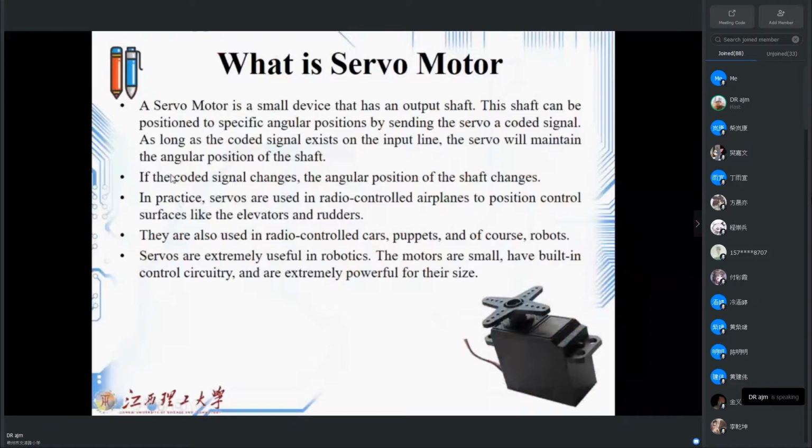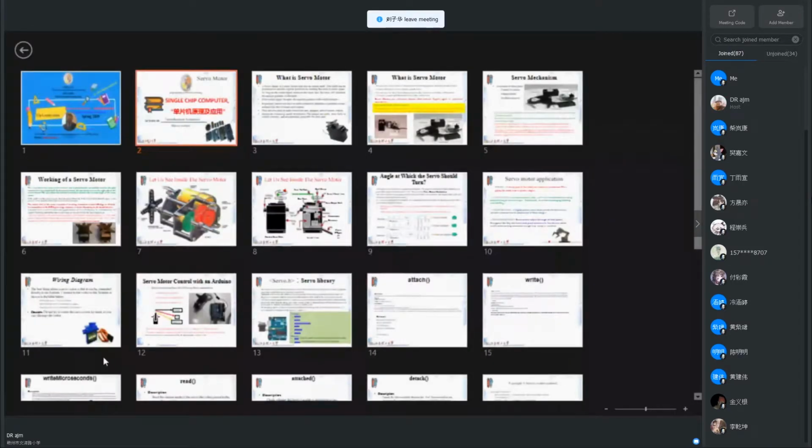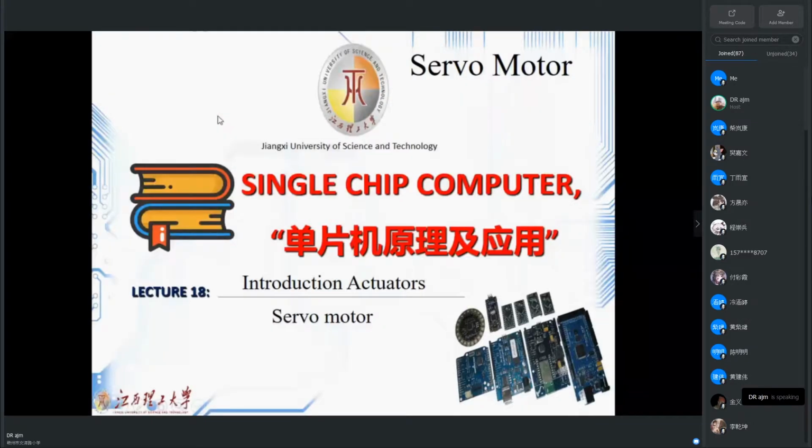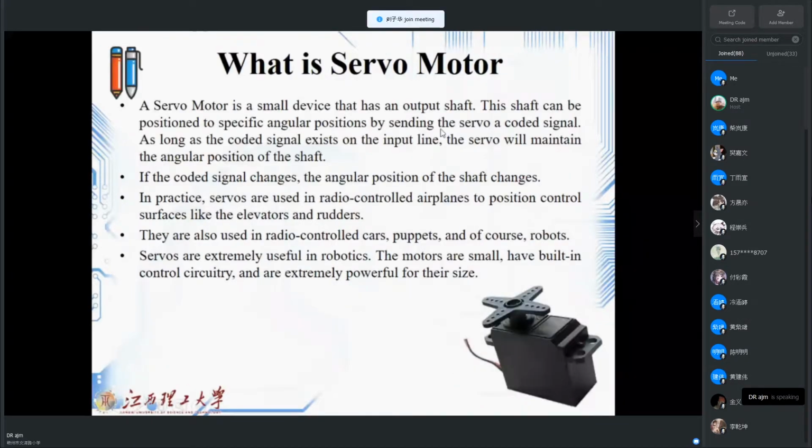Okay, first of all, what is a servo motor? A servo motor is a small device that has a shaft output, and this shaft can be positioned at a specific angle by sending the servo motor a coded signal.